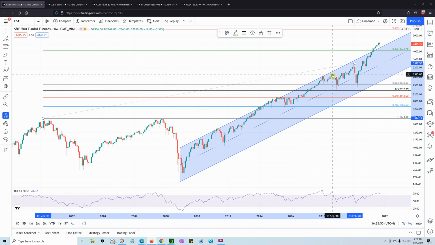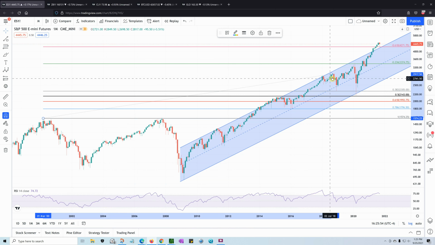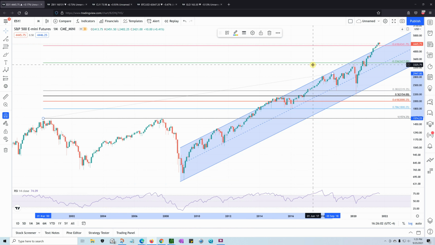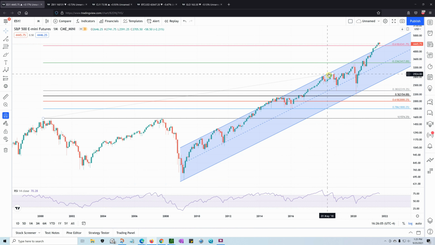So this is the anchor that I'm using. So snap it to that. It's a 2000 wave 3 high to a 2018 wave 3 high.